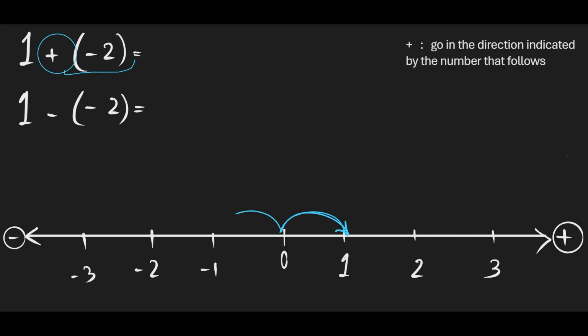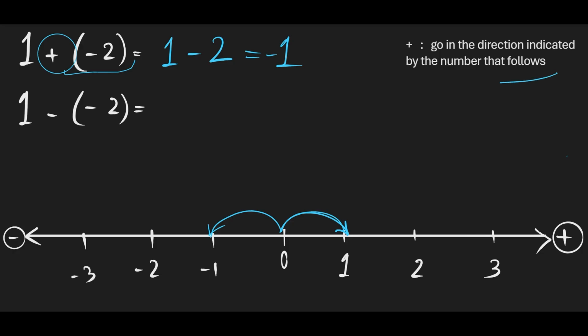We go 1, 2 units to the left and we get to this point here, which is -1. So this is equal to -1. And that makes sense to us because we know that adding a negative number is the same as subtracting. So this is really just 1 minus 2, which means that's equal to -1.